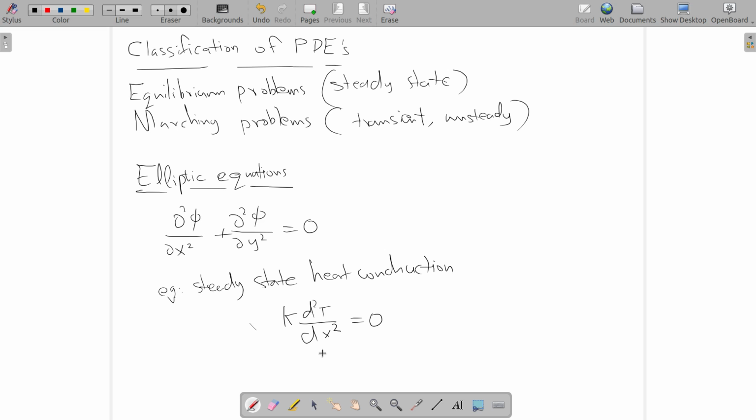For a 2D case, you will have one more term, which is similar to our prototype. For all the steady state problems, we usually need an initial value or a boundary value. So these are all boundary value problems.